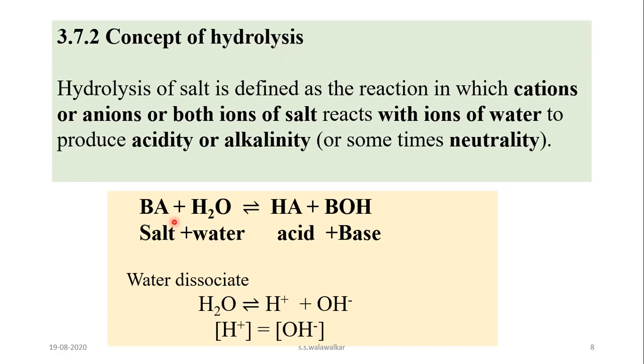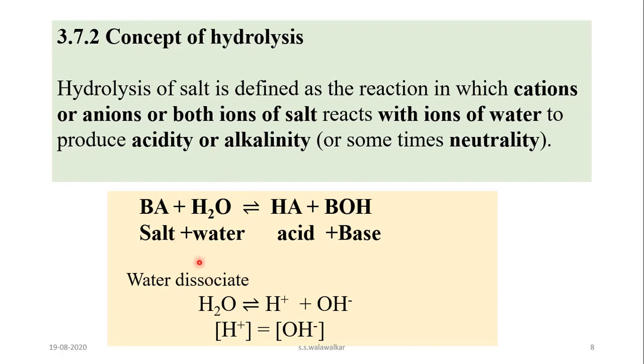So you know that whenever salt is dissolved in water, acid and base are produced. So it is the reverse of the neutralization reaction, and water is also present in that. Water also dissociates and gives you hydrogen ion and OH ion in the solution, and the concentrations of hydrogen ion and OH ion are the same whenever water is in pure form.